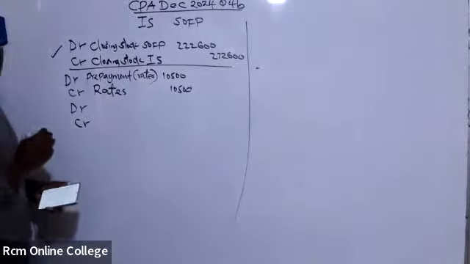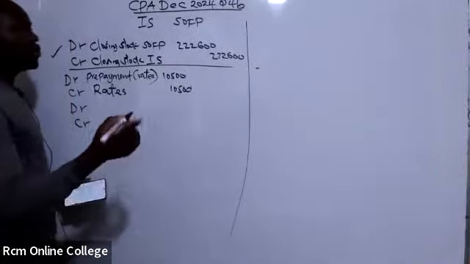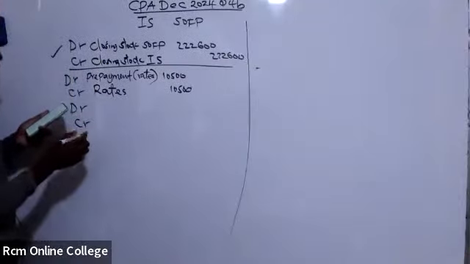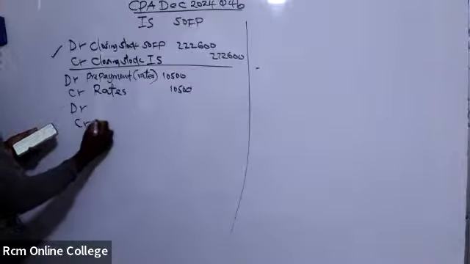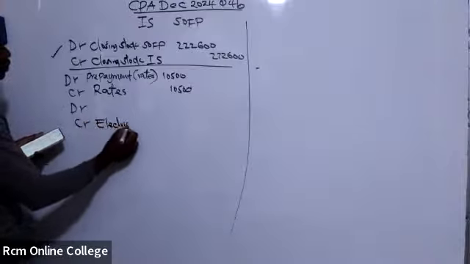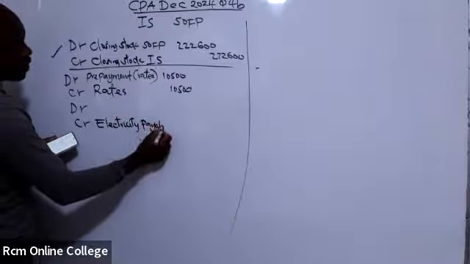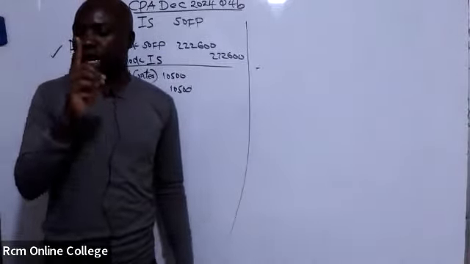An increase in liability will be credited. So we talk about accrued electricity or electricity payable. The secret here is identify one account which you are sure of how it will be affected.